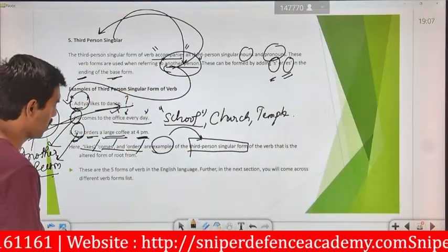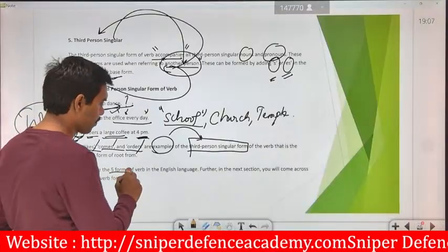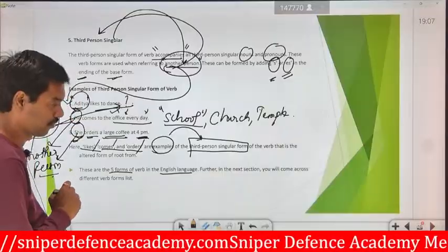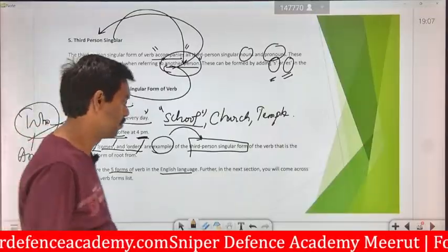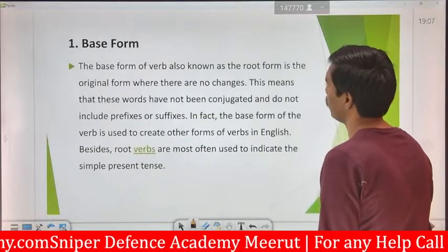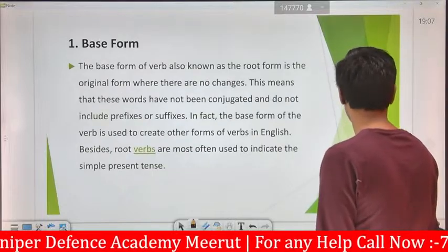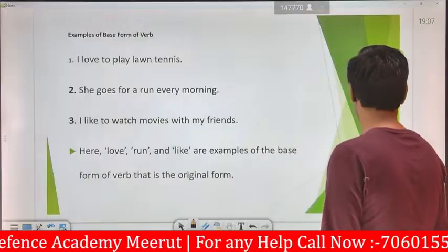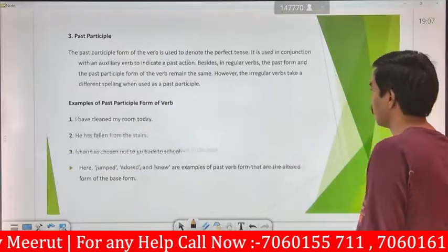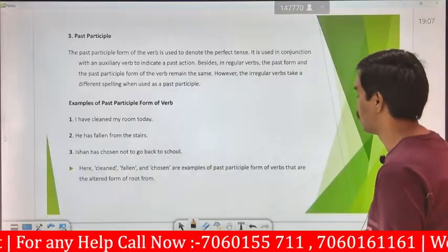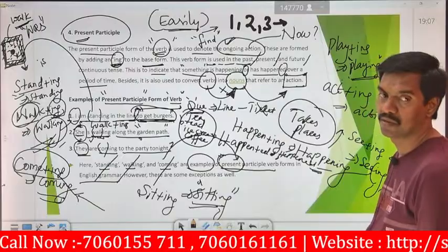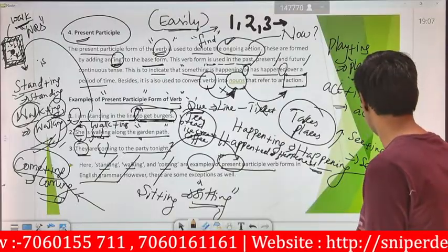So these are the 5 forms of verbs in the English language we have seen so far. The first one is the base form. Number 2 is the past form. Number 3 is the past participle form. Number 4 is the present participle form.